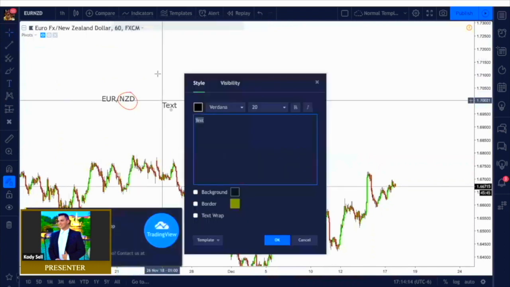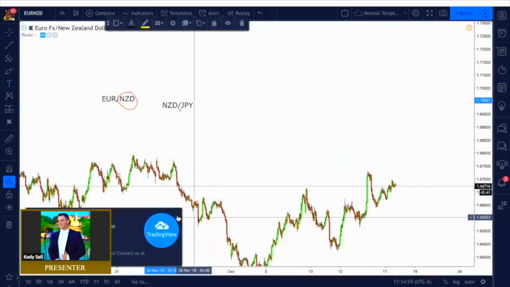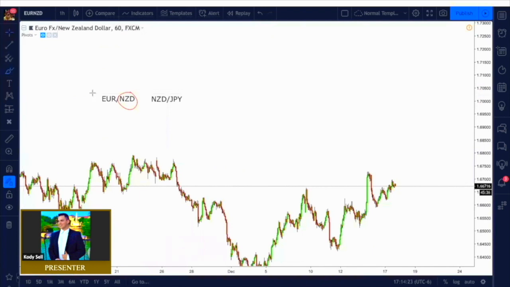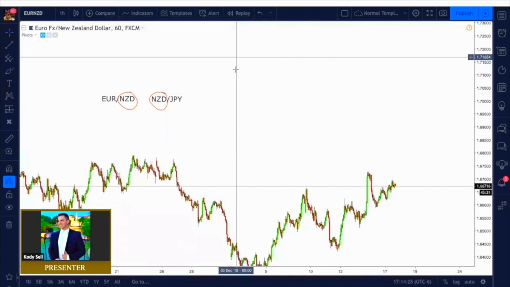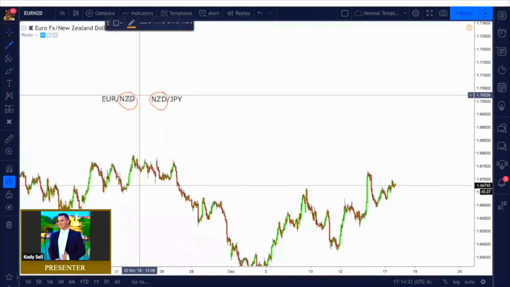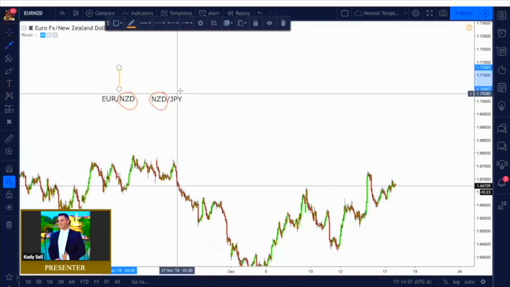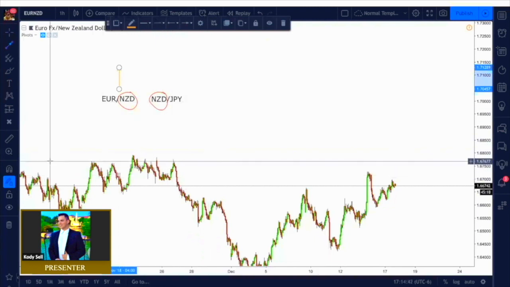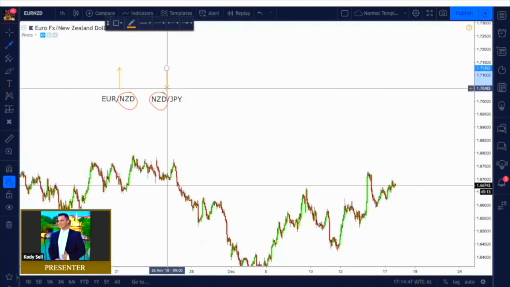When we pull up New Zealand JPY, it will be in the numerator, looking at currency pairs kind of like fractions. If Euro New Zealand is going up, what would we expect New Zealand yen to be doing based on currency correlation? We'd be expecting it to go down.